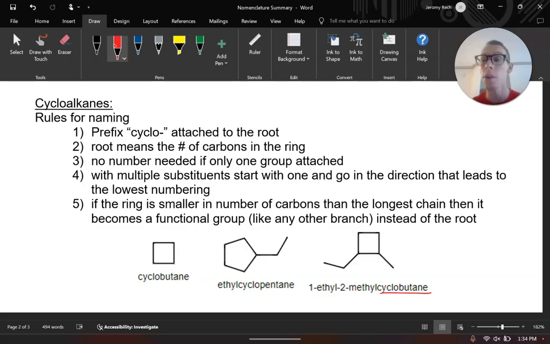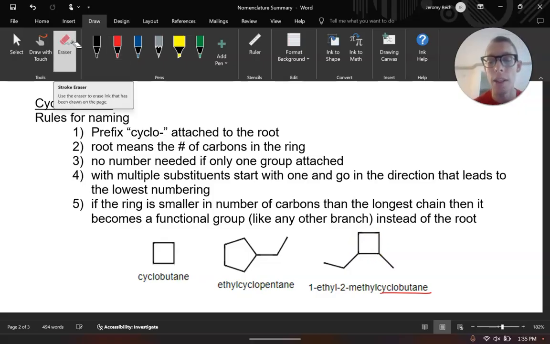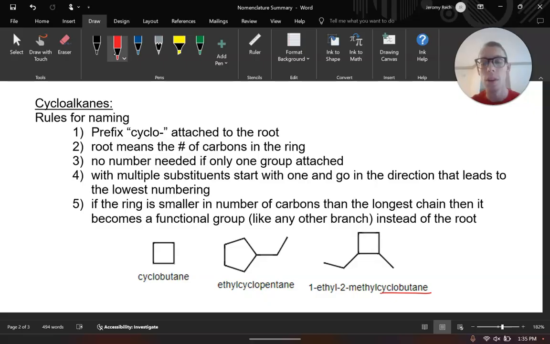Kind of like when we were doing our normal locants and thinking, do we go left to right or right to left? So for example, if I call my ethyl group 1, I could either go 2, 3, and then 4, or 2, 3, and I can get either a 2 or a 4 for my methyl, and I'm going to go in the direction that's going to give me the lowest possible. So 1-ethyl-2-methylcyclobutane.